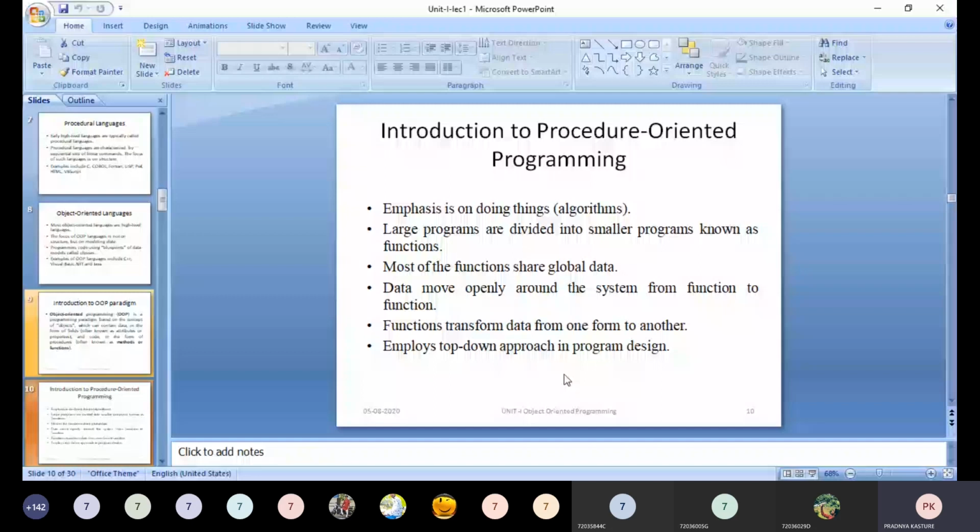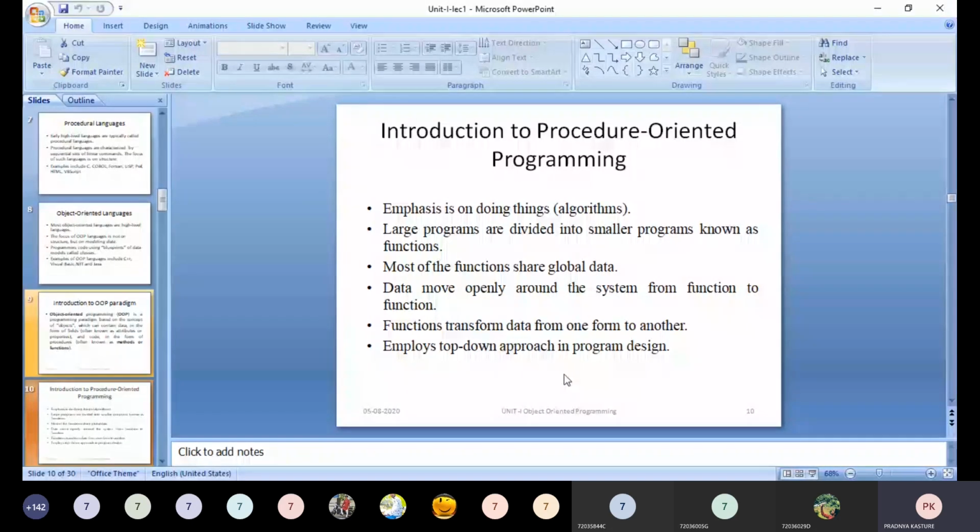So what happened in the procedure oriented programming language is that the global variables, or global data, were the main focus. Because the global data was the main focus, there is no security.